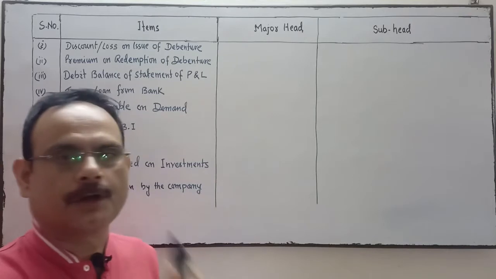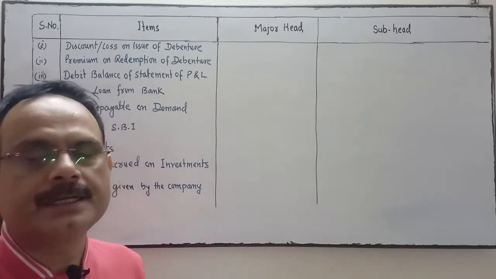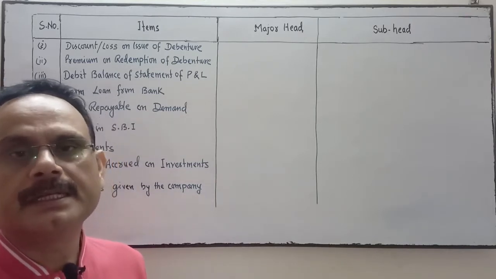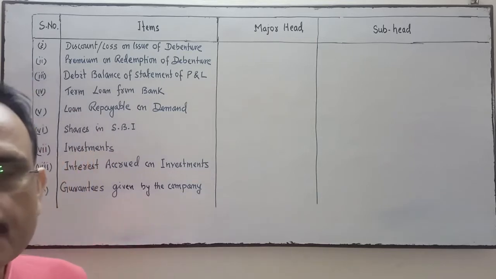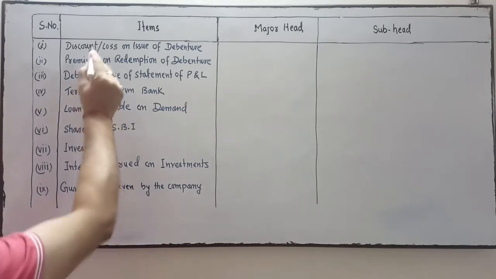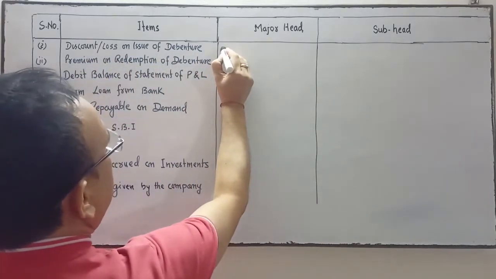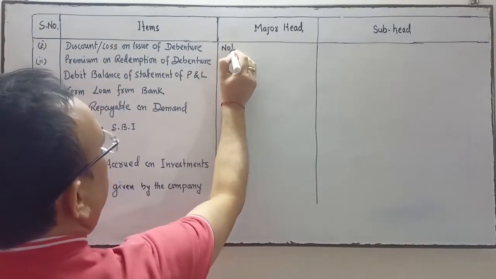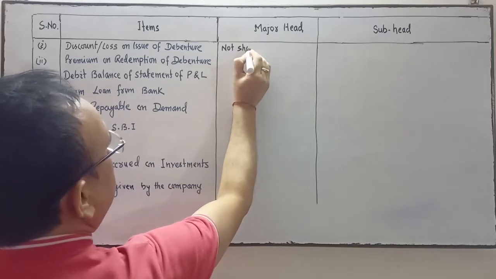In the year of loss, it is adjusted or debited to the statement of profit and loss. Is it clear? So it is not shown in the balance sheet.